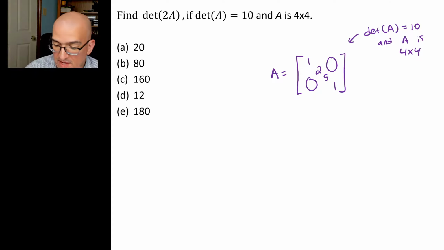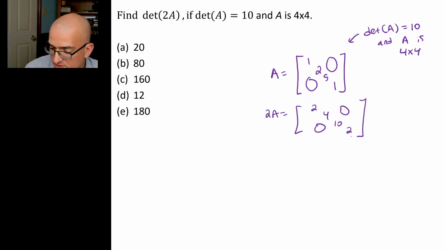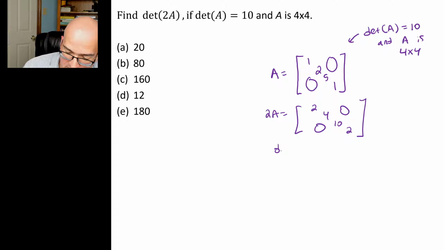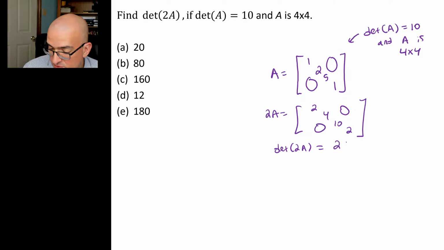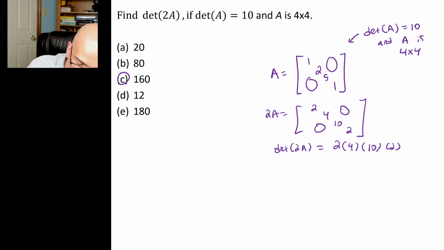Then multiply it by 2. So 2A is then going to be 2, 4, 10, 2, zeros everywhere else. So the determinant of 2A is equal to 2 times 4 times 10 times 2. So 2 times 4, 8, times 2, 16, times 10, 160.